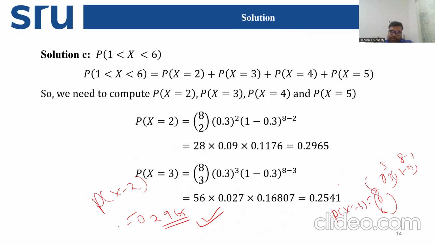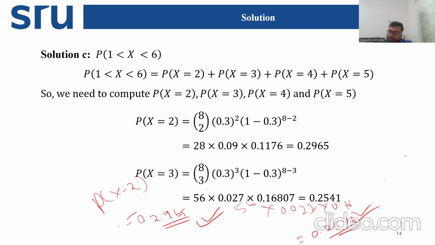Okay, students. So we calculate the value: 56 multiplied by 0.027 multiplied by 0.16. It is 0.2541.